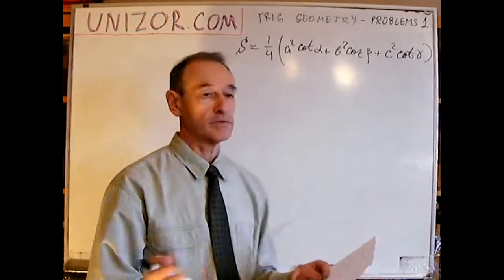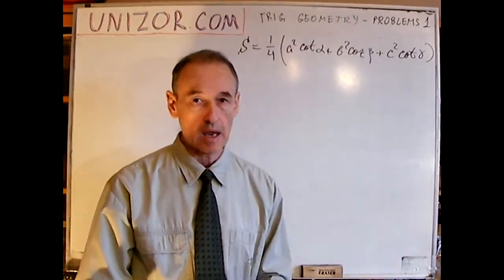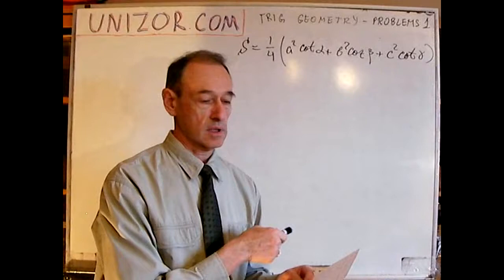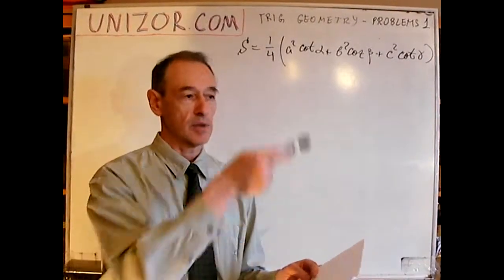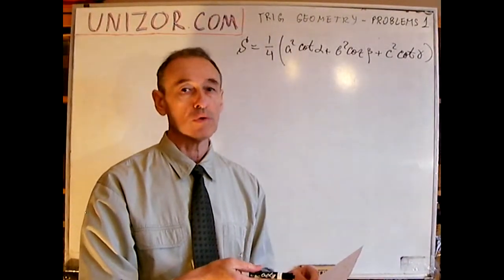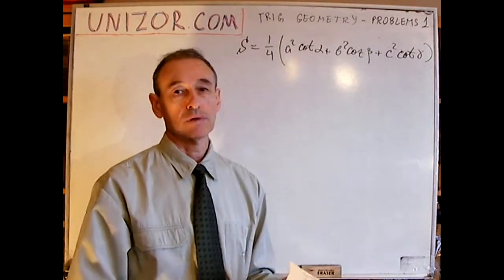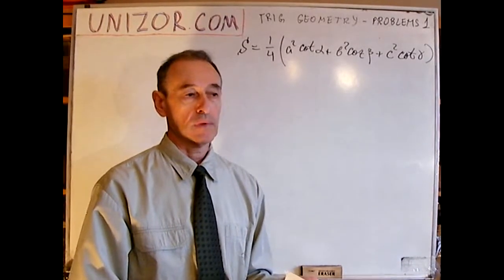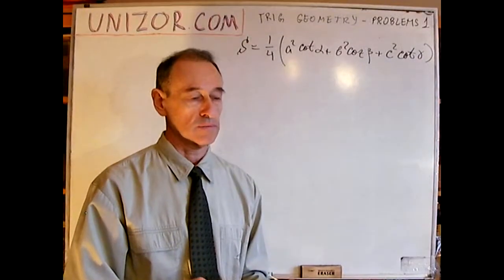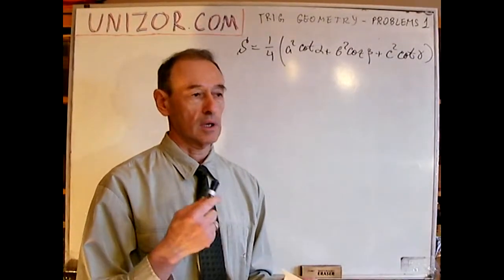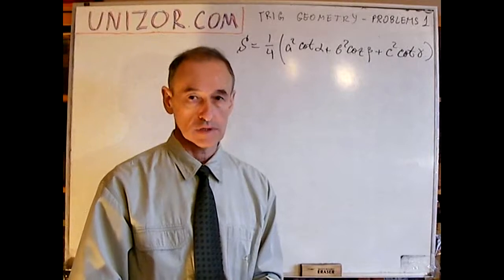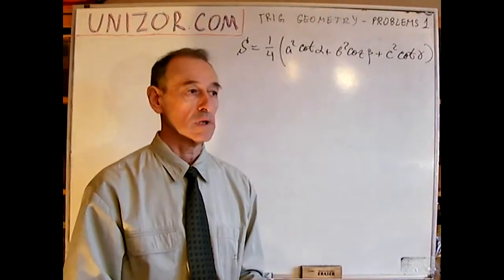Well, we have many different ways actually to express the area, right? It's, let's say, a side times an altitude which falls onto this side divided by 2. Or we had some formula which I proved in the previous lecture using the radius of the circumscribed circle.